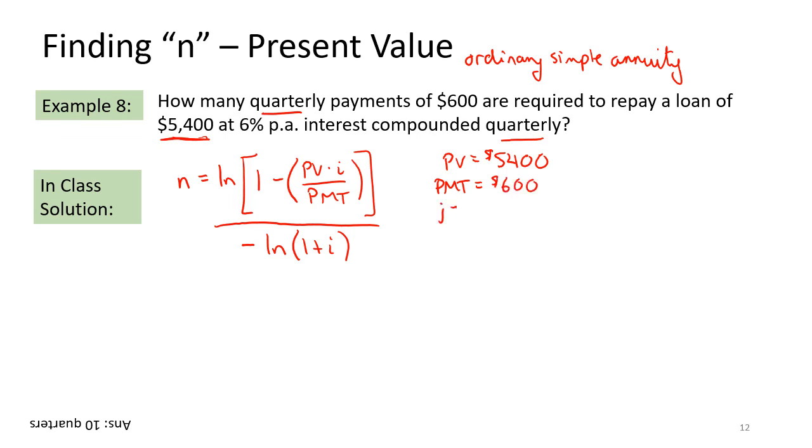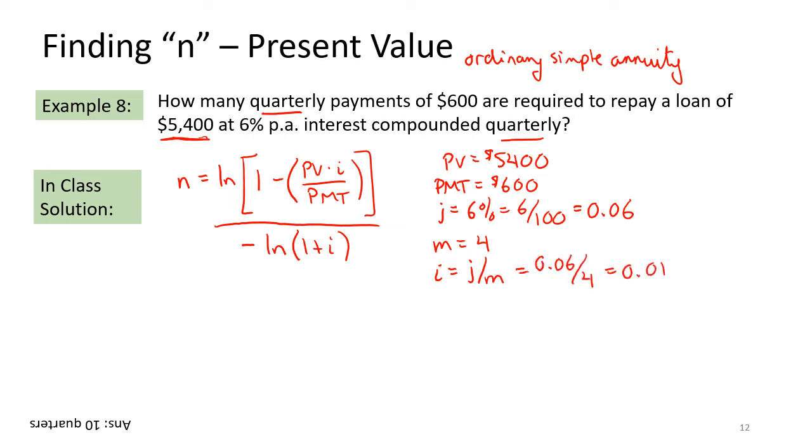We also know that our nominal interest rate, J, is 6%, which is 6 divided by 100, removing the percentage sign, which is 0.06. In this instance, we're given that it's quarterly, so our number of compounding periods per year is 4. So our periodic interest rate, I, is J divided by M, or 0.06 divided by 4, which gives us 0.015.